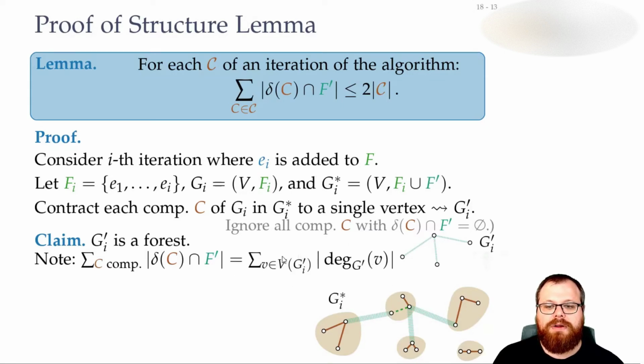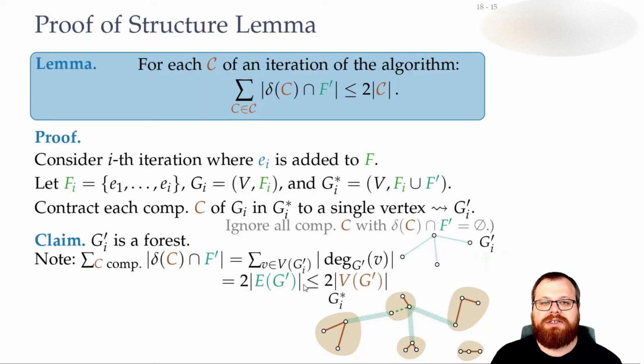And summing up all the degrees, we get exactly twice the number of edges because we count every edge twice from its endpoints. And since this is a forest, if it has n vertices, it has at most n minus 1 edges. So the number of edges is at most the number of vertices. This is even strictly less than, but doesn't matter.